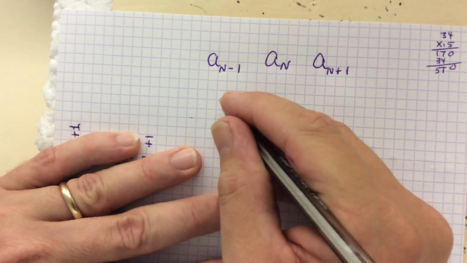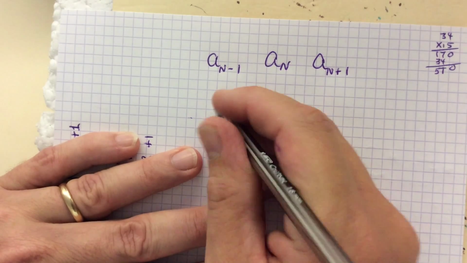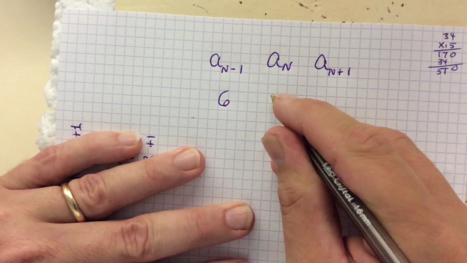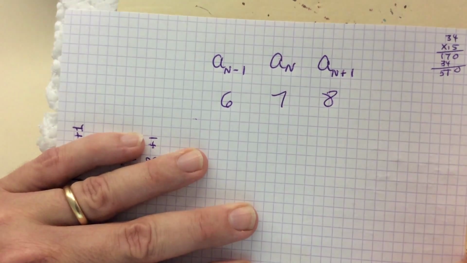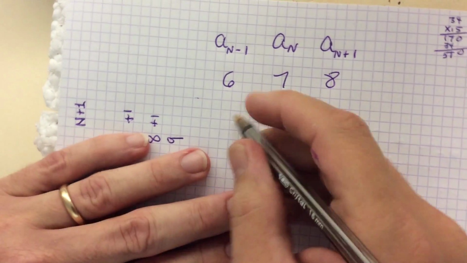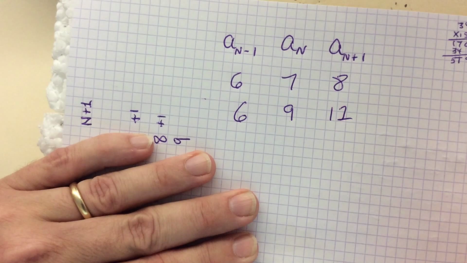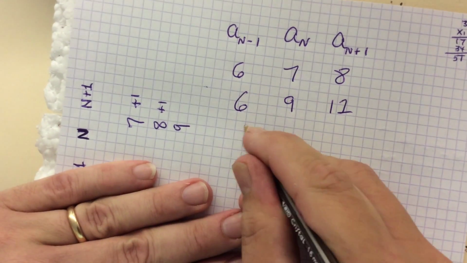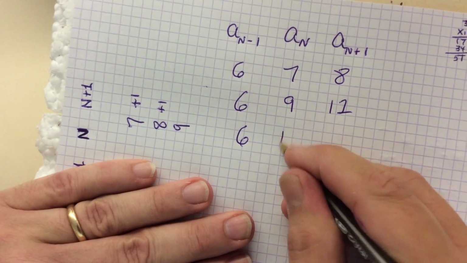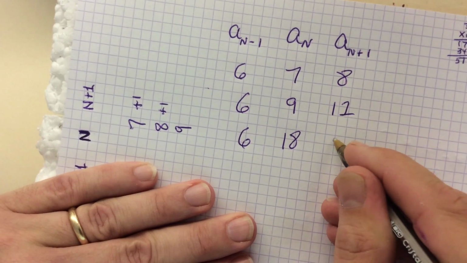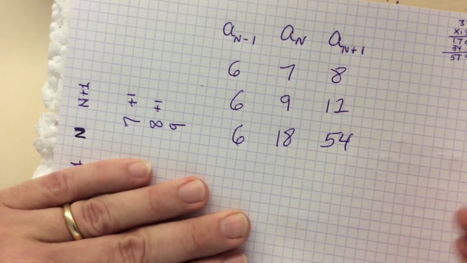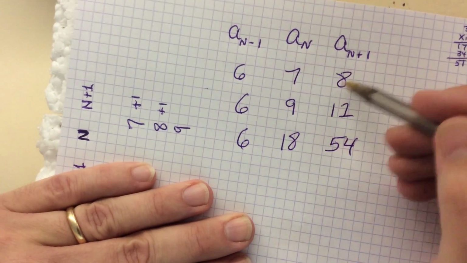They could be 6, 7, and 8, or they could be 6, 9, and 12, or they could be 6, 18, and 54.